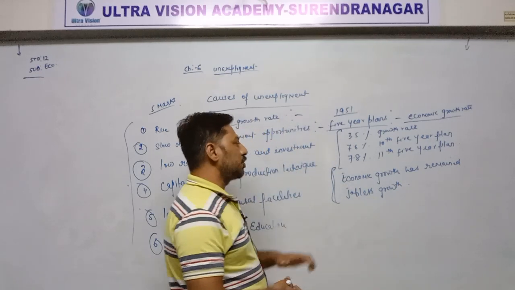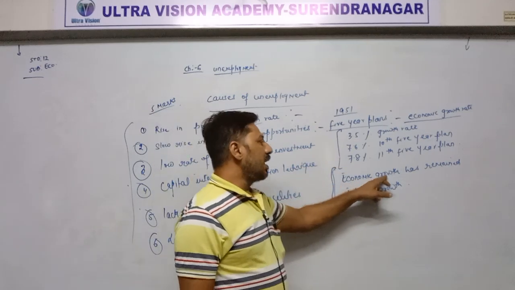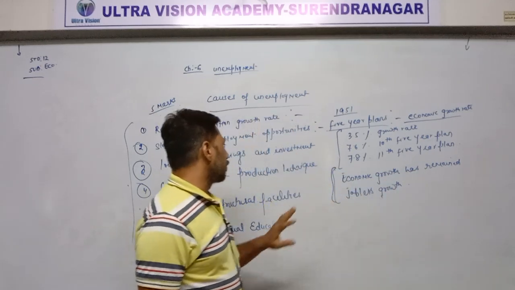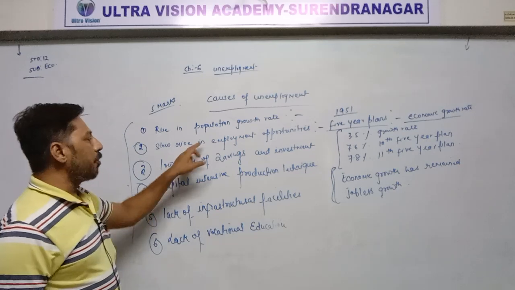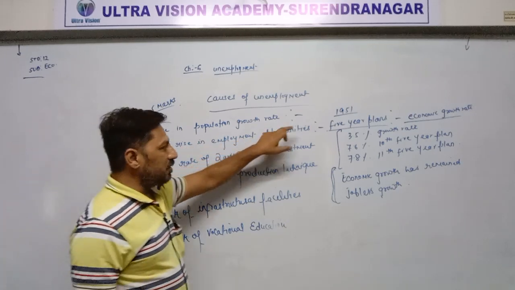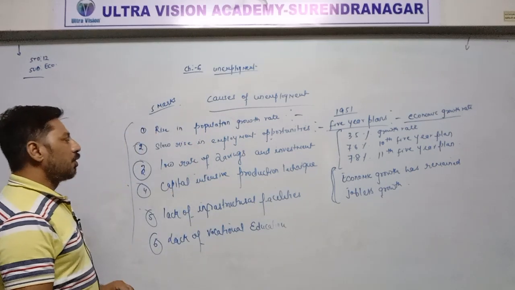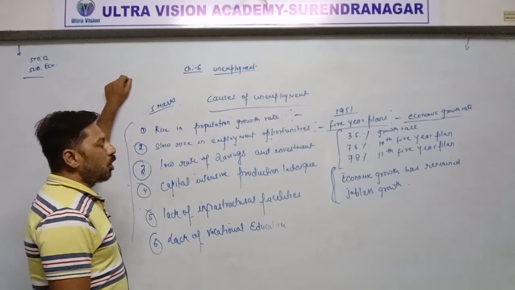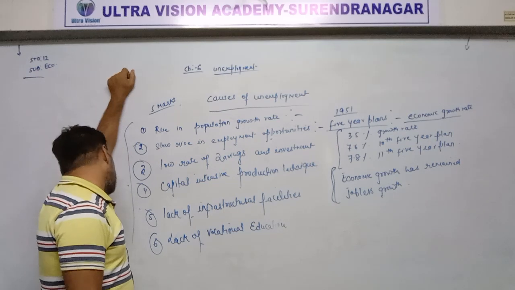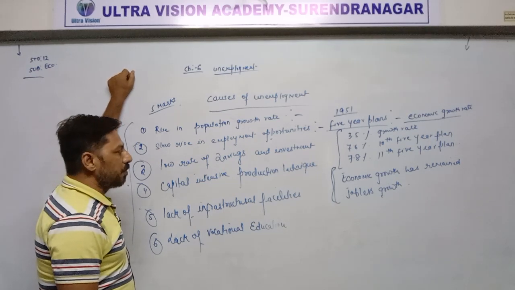That's why we can say that economic growth has remained jobless growth. So there is slow rise in employment opportunities against economic growth. So this is one of the reasons of unemployment. Growth rate was achieved, but employment was not able to be increased by the government.